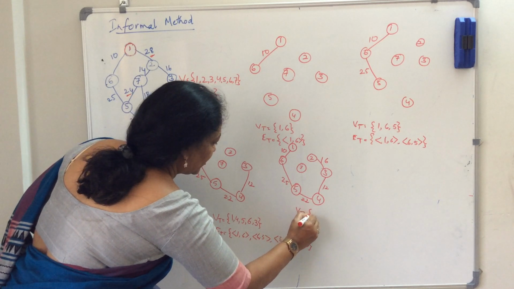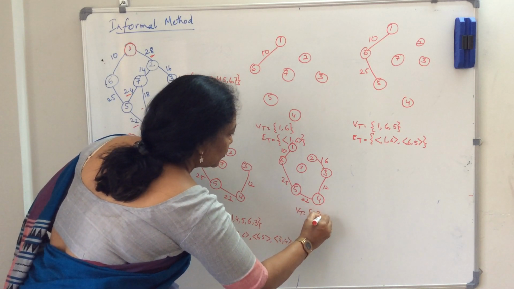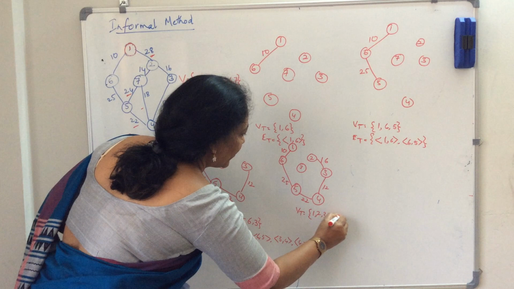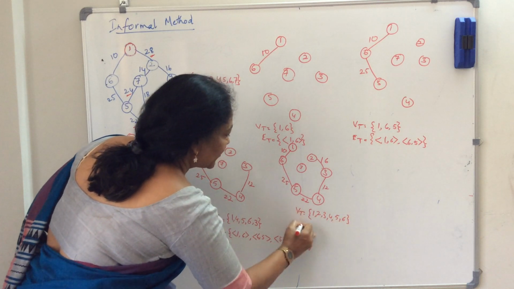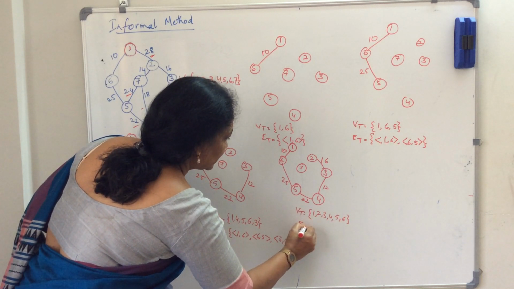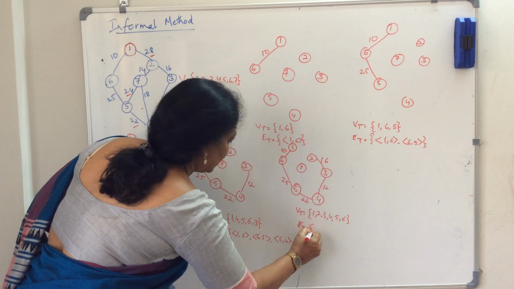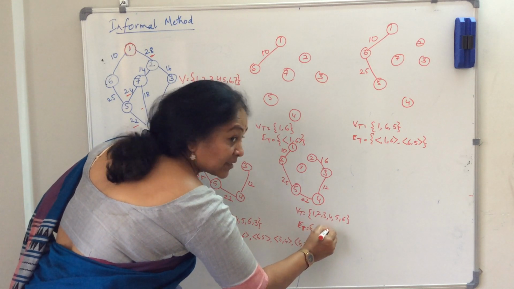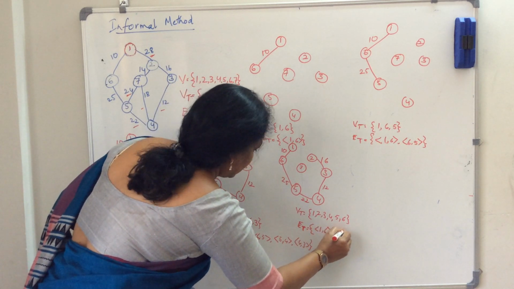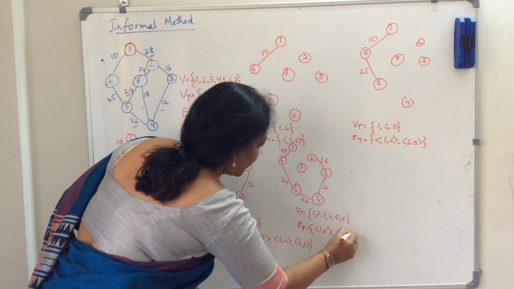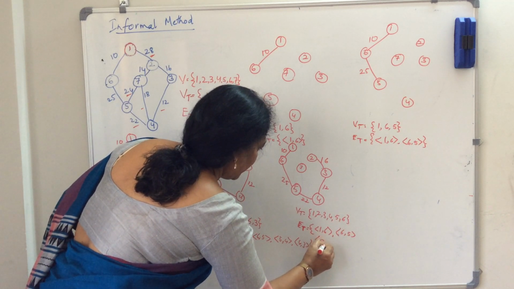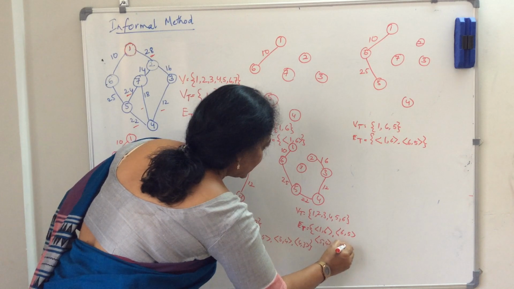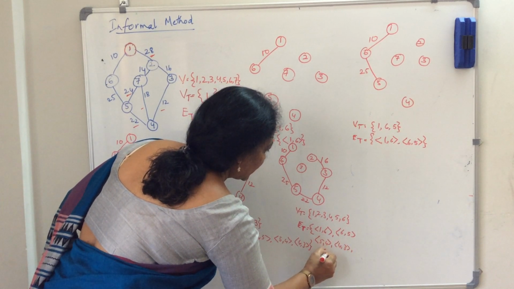Okay, so VT becomes 1, 2, 3, 4, 5 and 6. We are left with only one vertex, so we have to select one more. ET becomes 1, 6, then 6, 5, okay, 5, 4, 4, 3 and 2, 3.